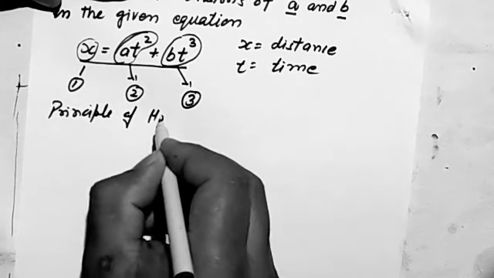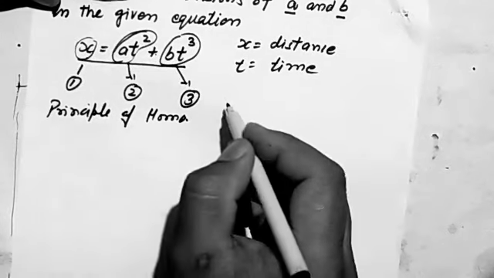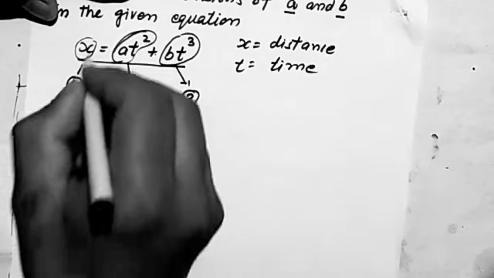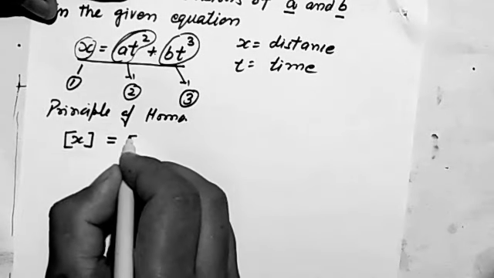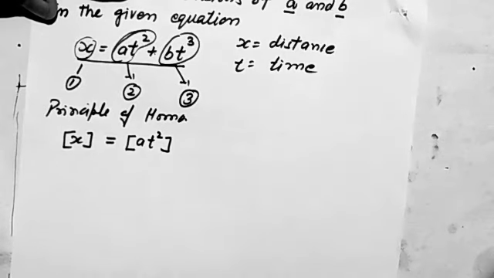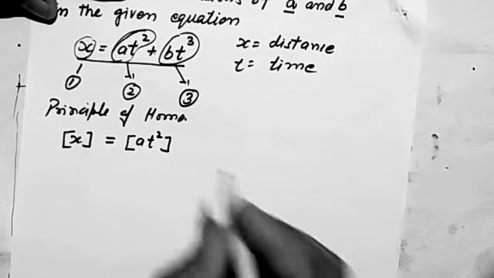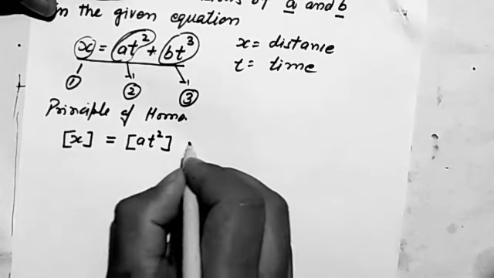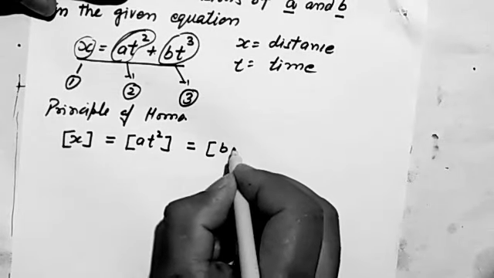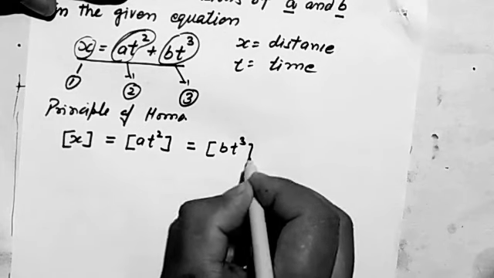The principle of homogeneity says that dimensions of x should be equal to dimensions of At square, right? And dimensions of At square should be equal to dimensions of Bt cube.